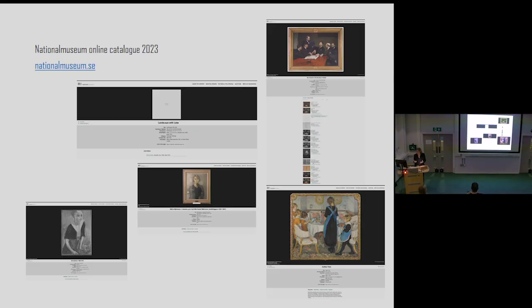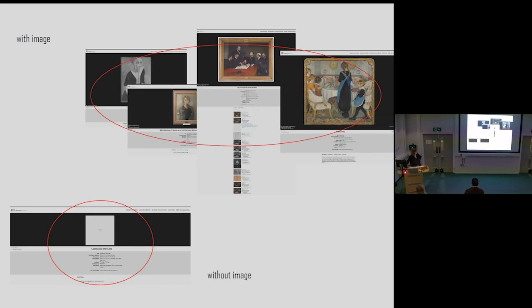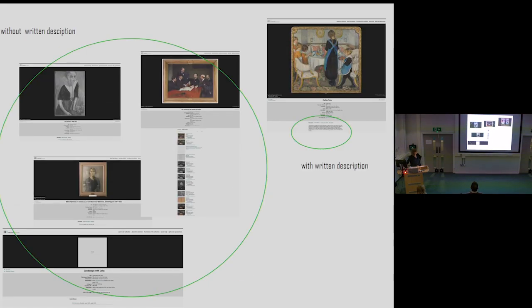So what you can sort out via the database is basically two things. You can find the entries which have an image and those which have no image. And you can sort out the entries which have a lengthier written description and those which don't. So this is what you could draw out of the system itself.